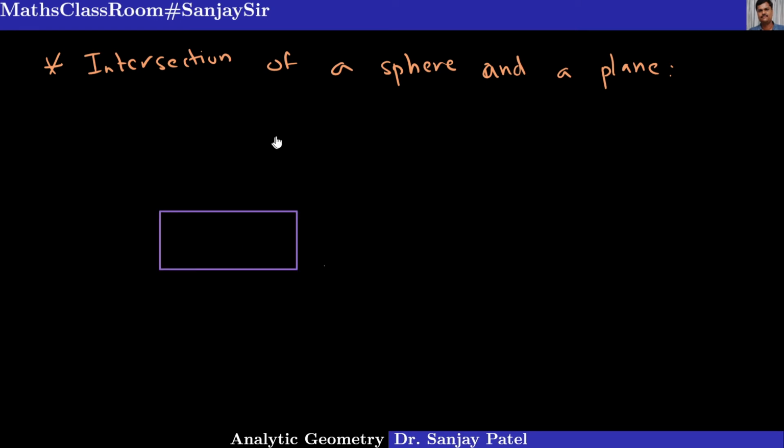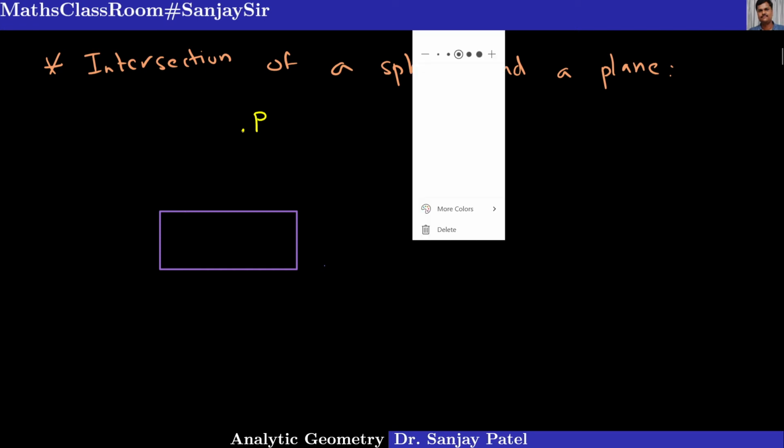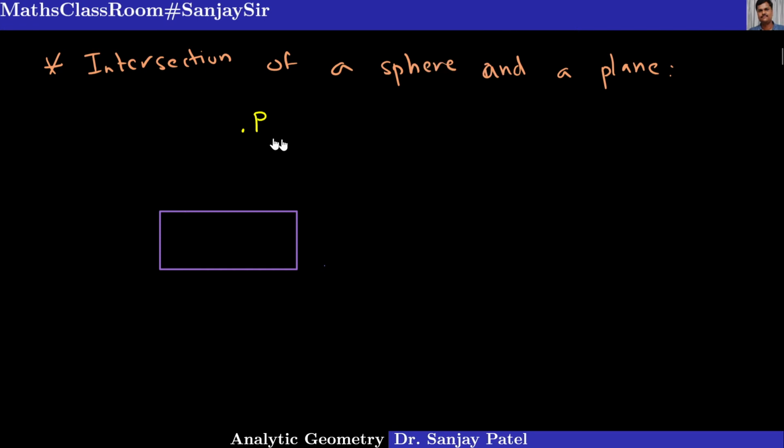And a point P is given outside of this plane, and if we draw a perpendicular from this point onto this line, just a minute.